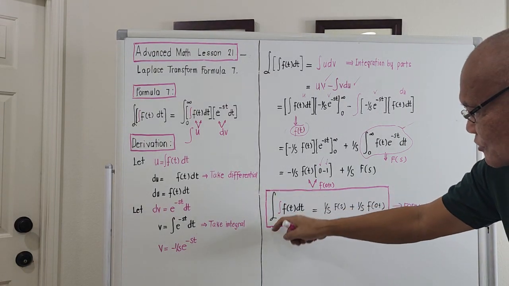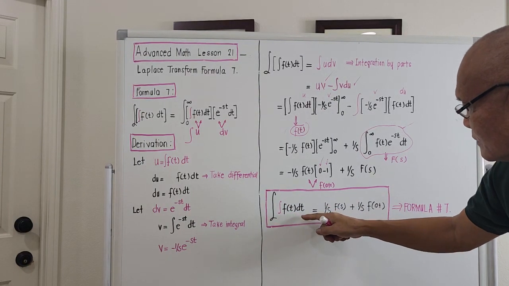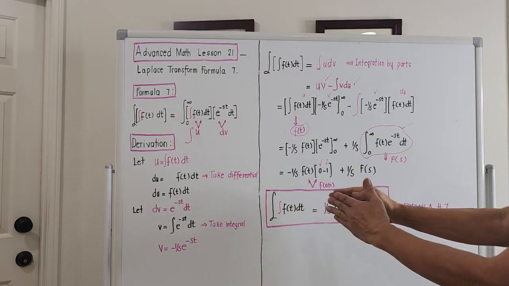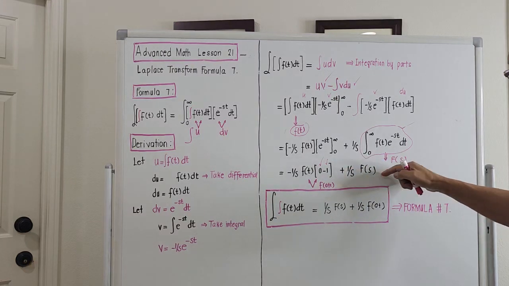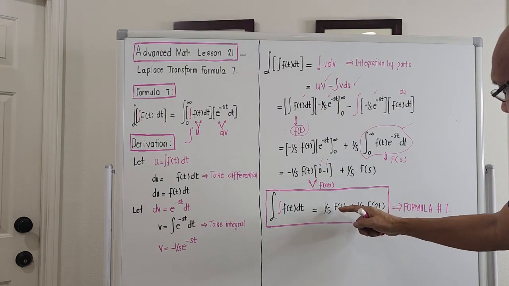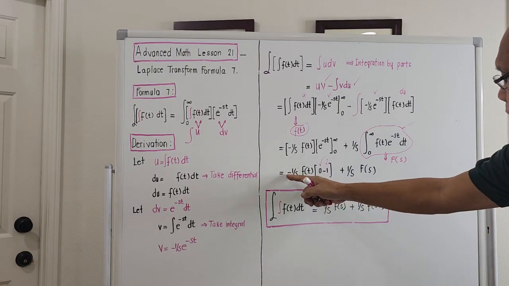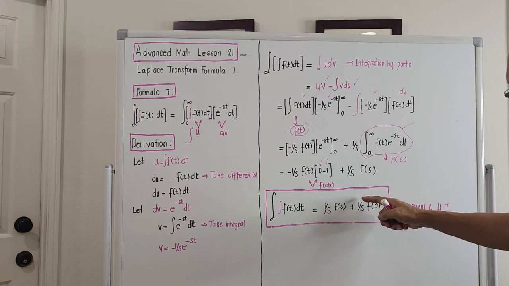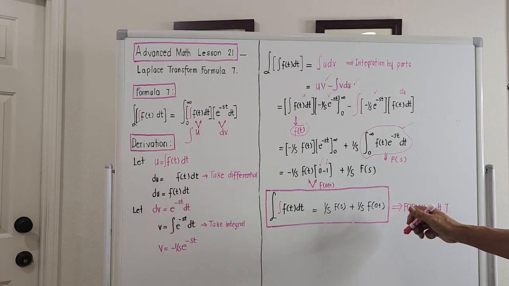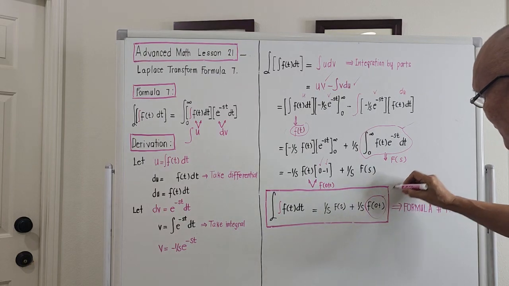Therefore, the Laplace transform of the integral of any function of t dt should be equal to, we now try to rearrange. I will write first this one. This is plus, right? So this is 1 over s, capital letter F as a function of s, plus, minus, it will also become plus, 1 over s, and this is now f sub 0 plus.